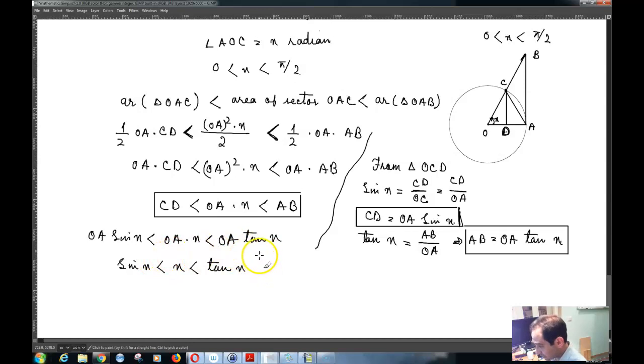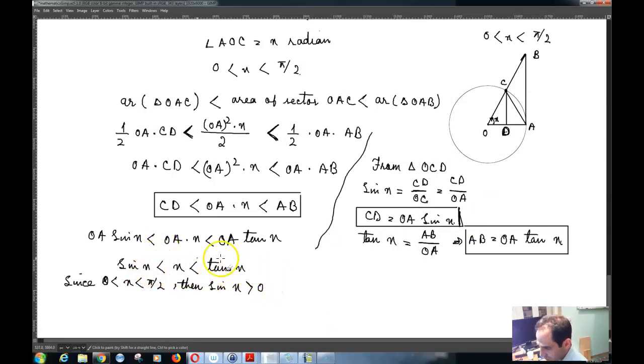Now, you need to be very careful when you do this kind of thing. Since 0 is less than x less than pi by 2, x is between 0 and pi by 2, sine x is a positive value. You know that in the first quadrant sine is a positive value.